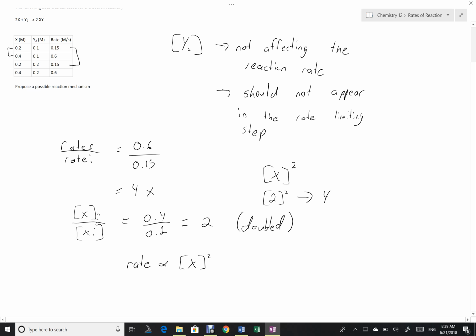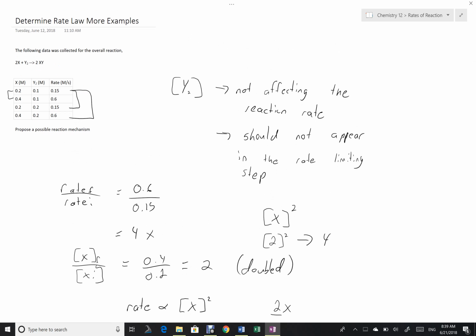I have the same relationship going on in the first and fourth trial, so I don't need to do it mathematically to confirm. I know that I'm going to have x with a coefficient of 2 in my rate limiting step in whatever reaction mechanism I propose. So what could happen here?